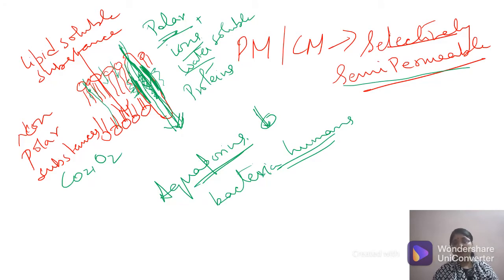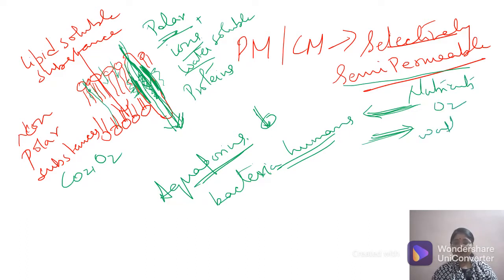It allows certain substances to move inside, like nutrients, food, oxygen, and it allows waste products to move out of the cell.